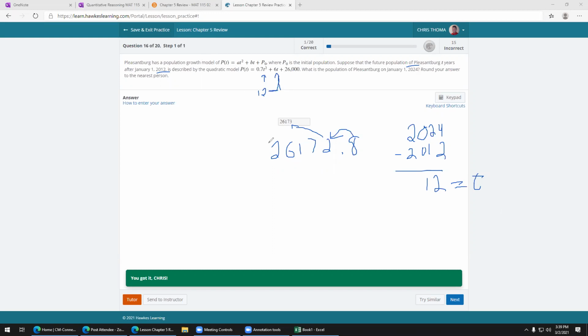So when I go to type this into my calculator, I would put in 0.7 parentheses 12 squared plus 6 times 12 plus 26,000. Make sure I have enough zeros. And then you type that into your calculator and you should get 26,172.8.